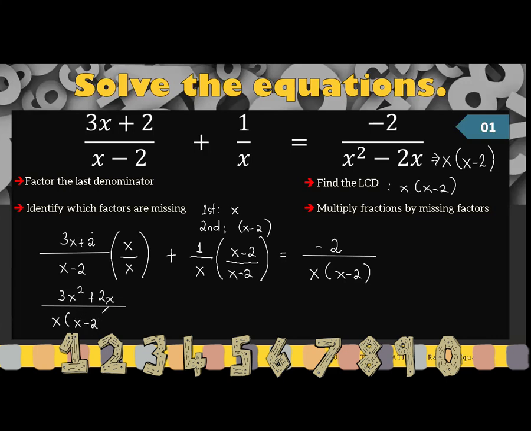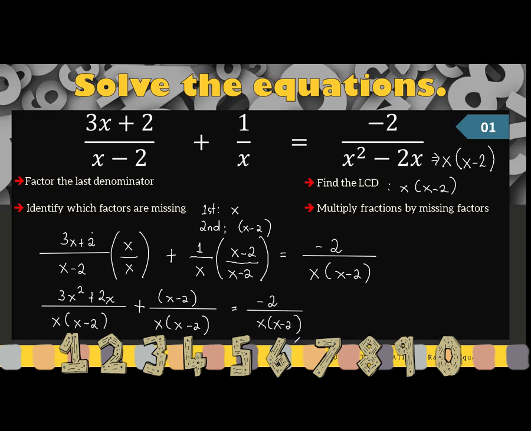Then the denominator must be the LCD. Next, multiplying by 1 means we will get x minus 2 as the numerator. And of course, the denominator must be written as x and x minus 2.